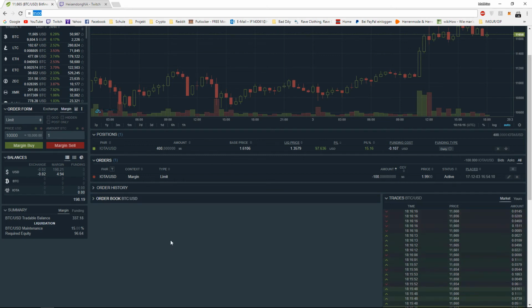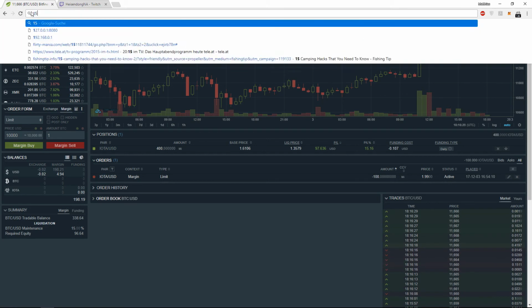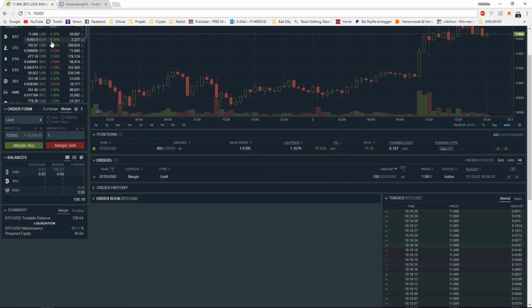Now, if you want to close this position at a certain point, for example, we bought at 10K and you want to close at 15K, so 5,000 profit, and you've already opened your position, you would then type in 15,000.